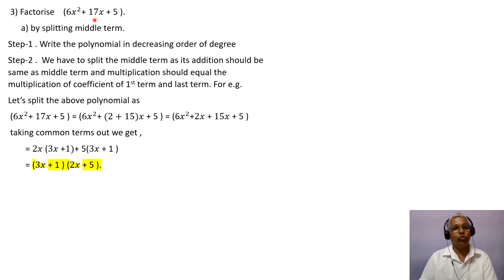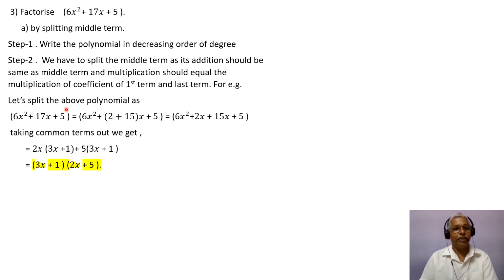So we have to choose numbers whose addition is 17 and whose multiplication is the multiplication of these two numbers, that is 30. So we will see.